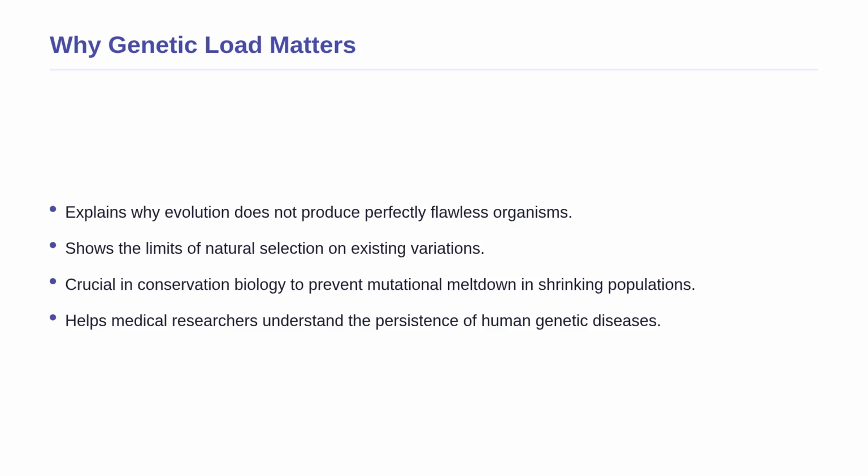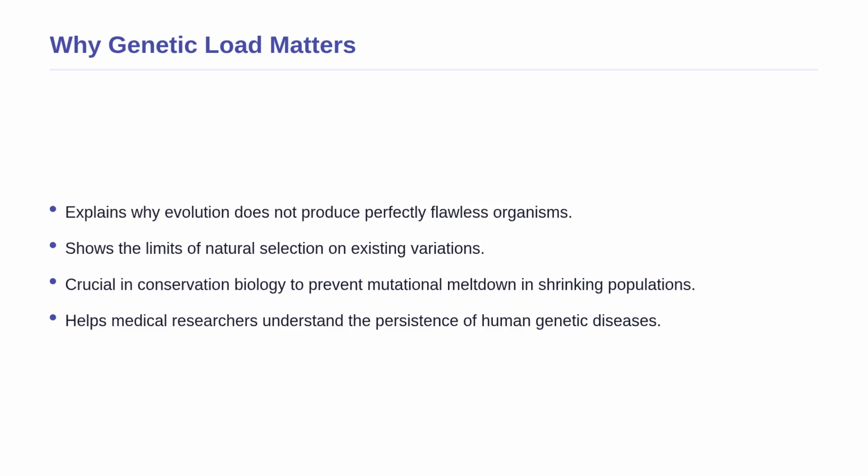Understanding this gap between perfect and average fitness brings us to an important question. Why does genetic load matter? It is absolutely crucial because it explains why evolution does not produce perfectly flawless organisms. It helps biologists understand the limits of natural selection, as selection can only act on existing variations and can't instantly erase all harmful mutations.